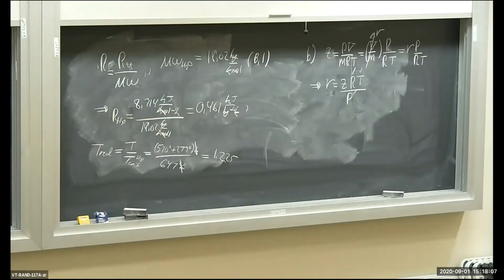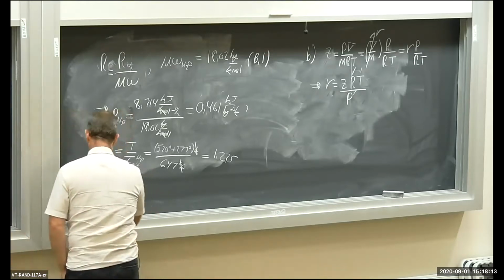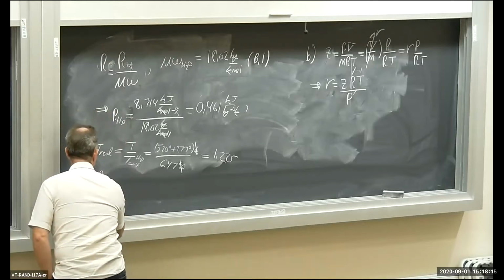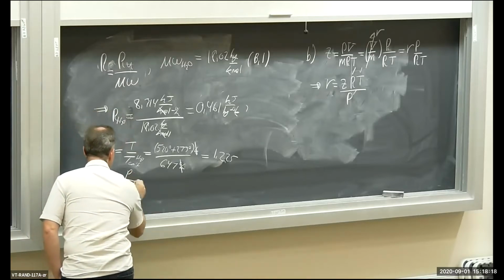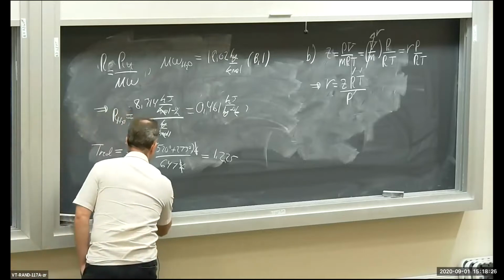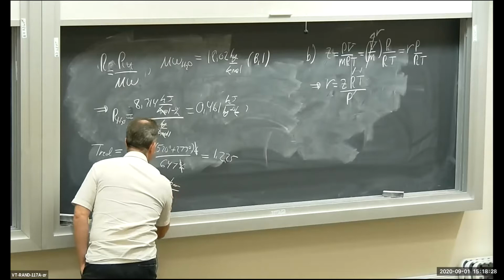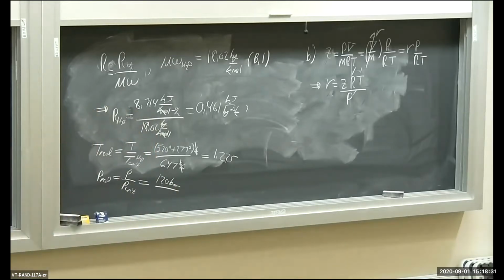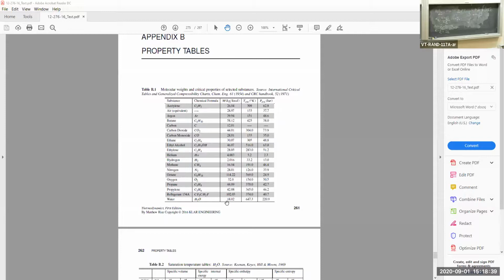What about reduced pressure? P reduced is equal to the pressure divided by the critical pressure. We've got 120 bar. That's the pressure. What's the critical pressure? Let's have a look in table B1. Critical pressure for H2O, 220.9 bar.